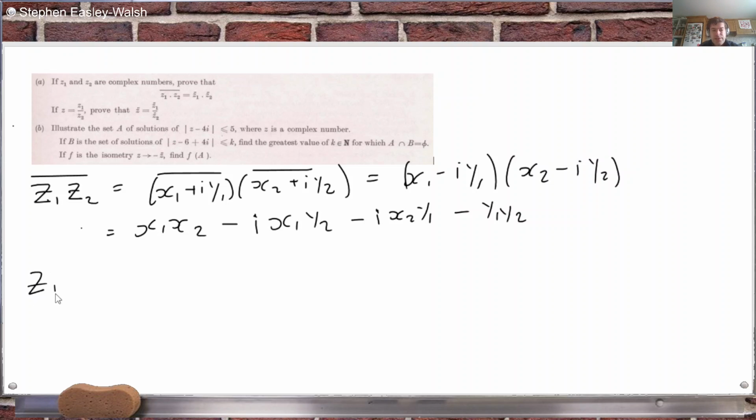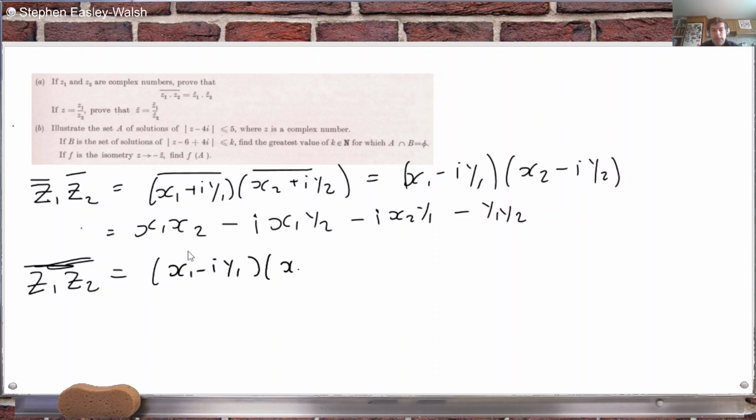And then Z1 conjugate Z2 conjugate, that's equal to X1 minus iY1. And then, oh, actually, I've done that backwards. What I've done first is that. So now I need to do that.